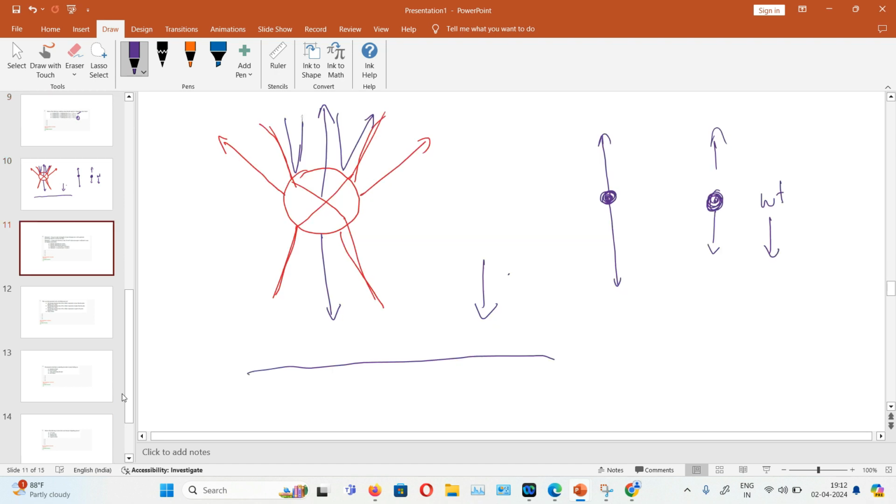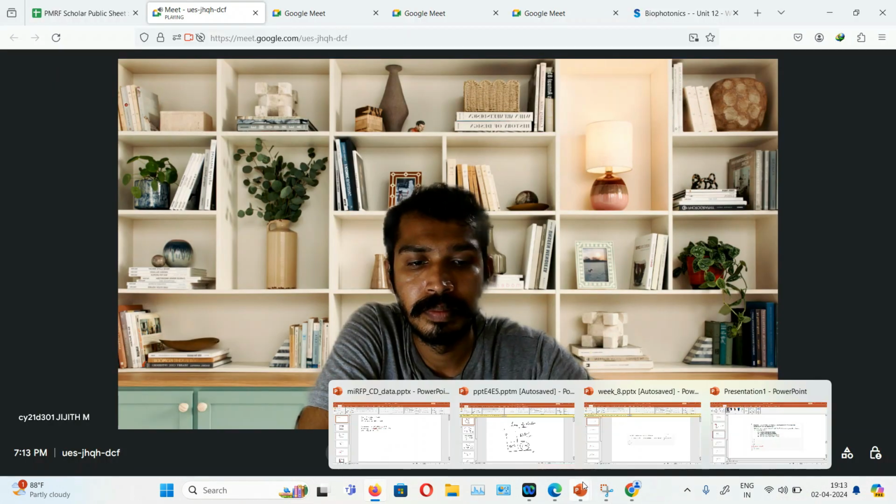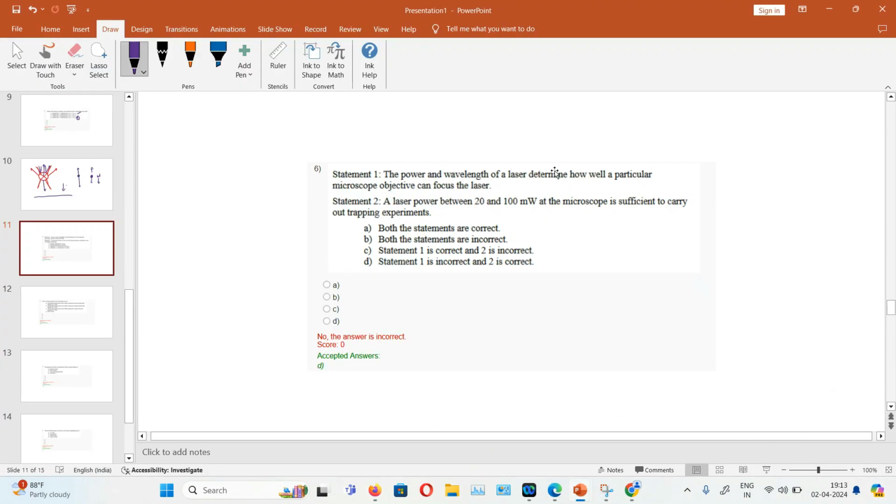So let's check the next question. Statement 1: The power and wavelength of a laser determine how well a particular microscope objective can focus the laser.